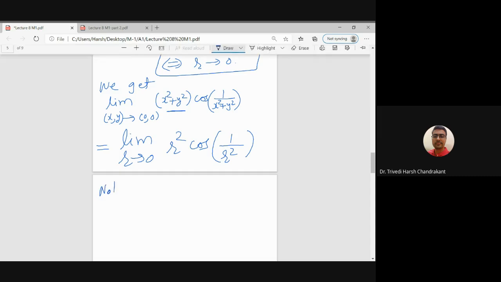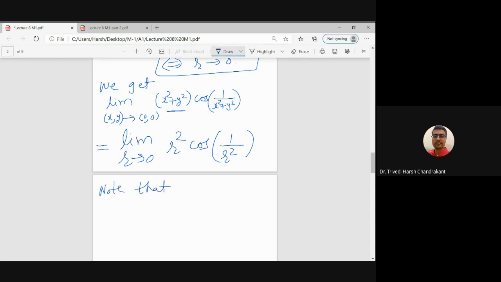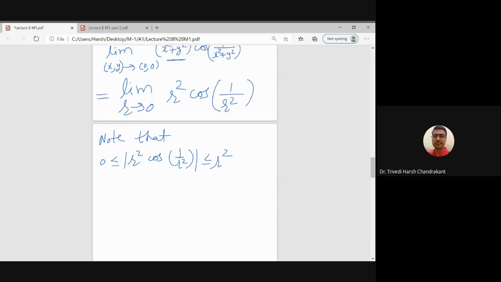So note that 0 is less than or equal to the modulus of r squared cosine of 1 upon r squared, which is less than or equal to r squared.